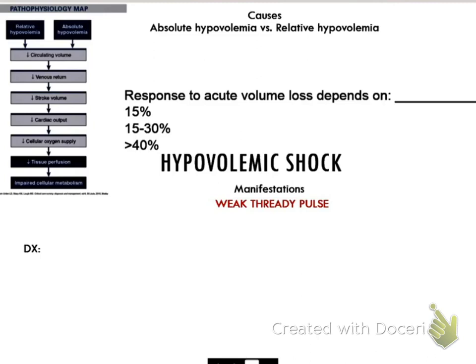Anything from 15 to 30%, you're going to have some sort of SNS response going on. So you're going to have that increased heart rate. Your body's going to be compensating. You're going to notice the compensation. Anything greater than 40%, your body can't compensate anymore. So they're really going to start going down.